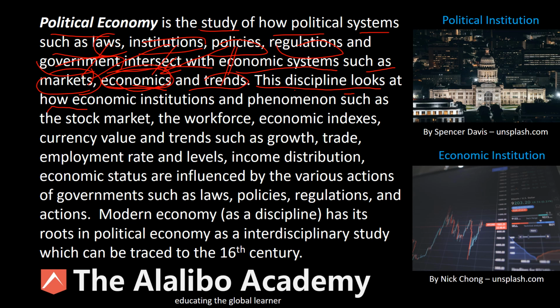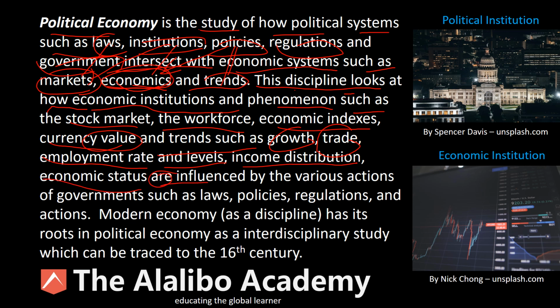So it says here, this discipline is focused on how economic institutions and phenomena such as the stock market, the workforce, economic indexes, currency value, and trends such as growth, trade, employment rates and levels, income distribution, and economic status are influenced, this is the key word here, by the various actions of government, such as the enacting of laws, the institution of policies, regulations, and other actions. This is political economy. The impact of political decisions on the economy.